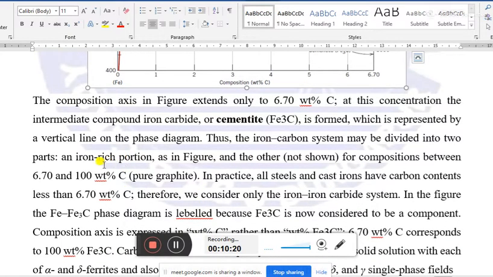One is the carbon rich portion that is not shown here. Carbon rich portion means that is not shown here, that is actually 6.70% to 100% weight percentage of carbon.